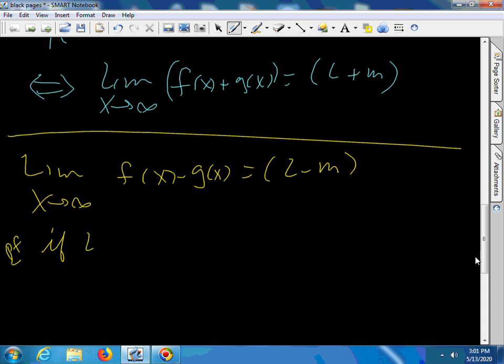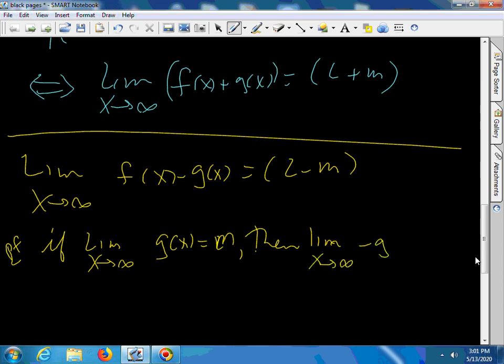If the limit as x goes to infinity of g of x equals M, then the limit as x goes to infinity of negative g of x is equal to, now we know that constants can come out in front, negative 1 times the limit as x goes to infinity of g of x.